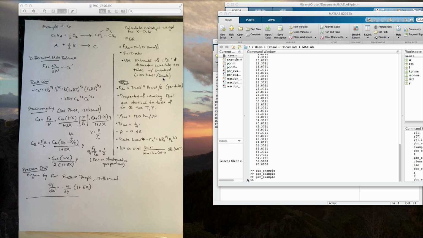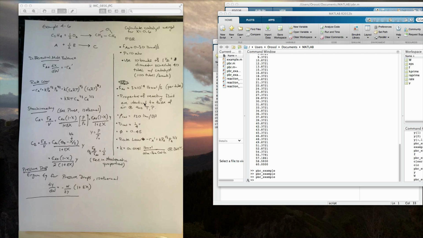So really we have 1,000 tubes. And so what that means is FA0 per tube is actually the given FA0 divided by 1,000. So this is per tube, this is total.